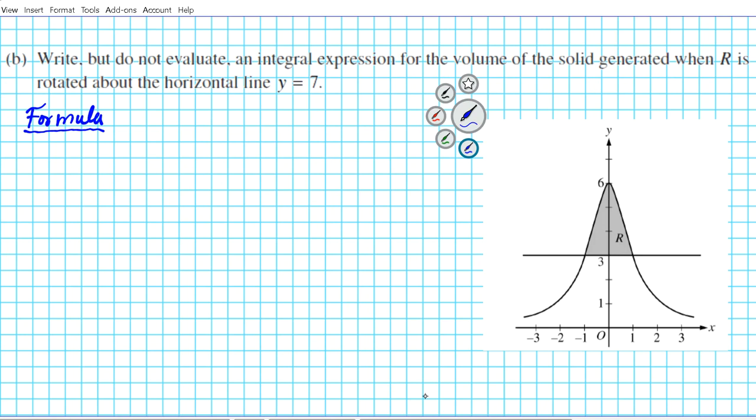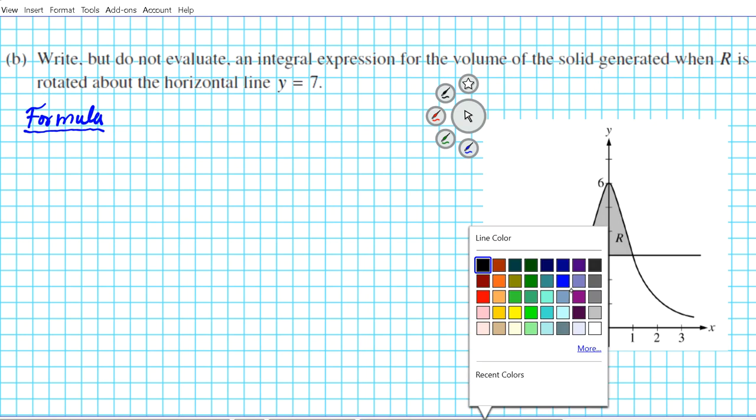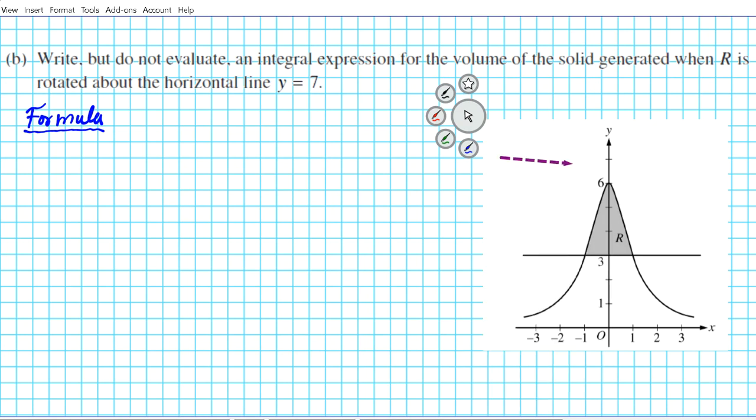So where is that line? This is 6. The horizontal line y equals 7 that we are rotating about is this horizontal line right here. Bam. Okay, so what's the formula for finding the volume of solids of revolution?